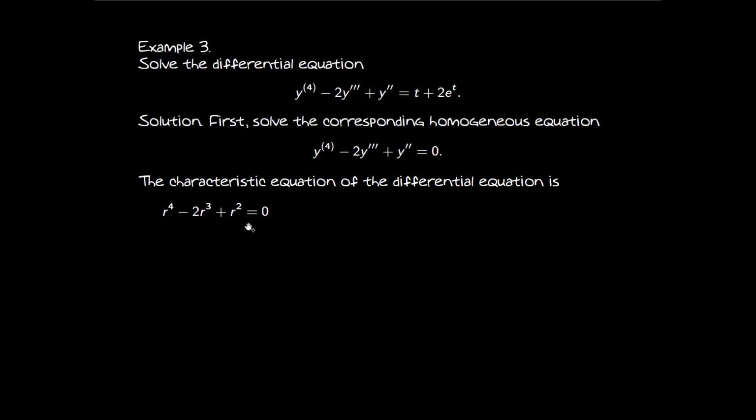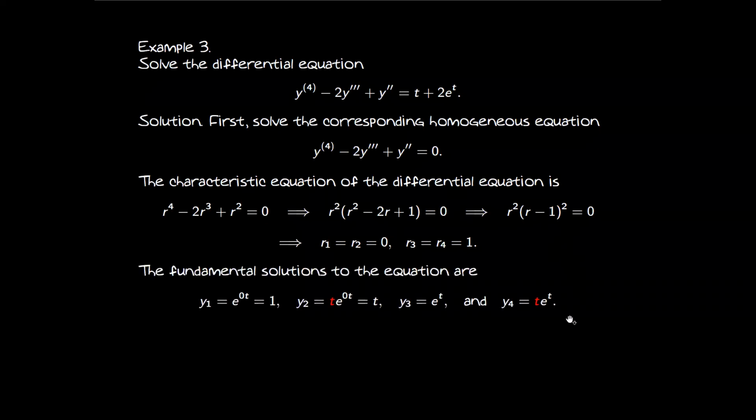So we know whenever we factor a polynomial, we're going to use a common factor first. And then you're going to say this is just r minus 1 squared, right? So easily we're going to get 2 zeros and 2 ones as roots of the characteristic equation.